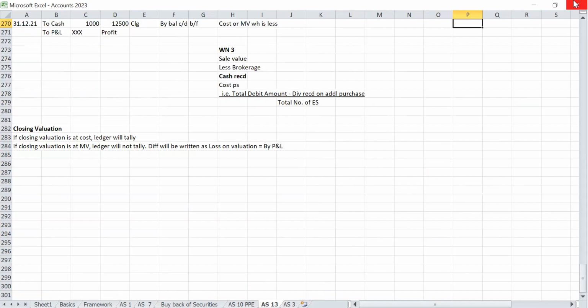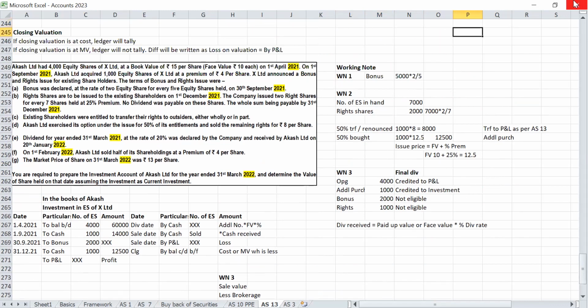So the amount: opening 4,000 into 10 into 20%. Correct? Yes, sir. What number did you say? 4,000 into 15.